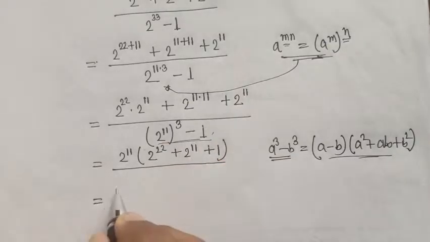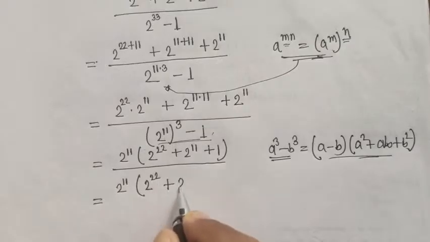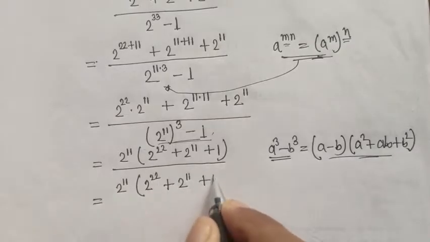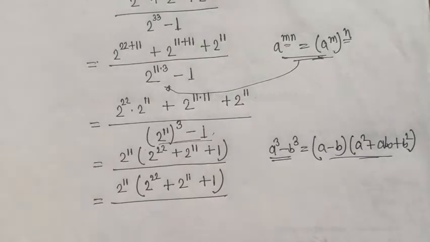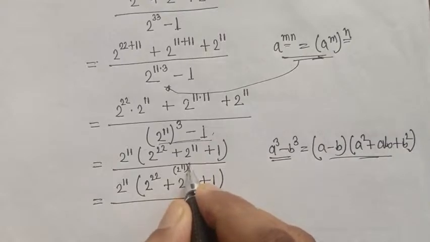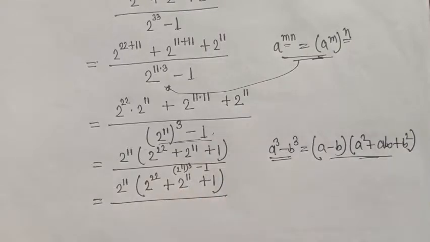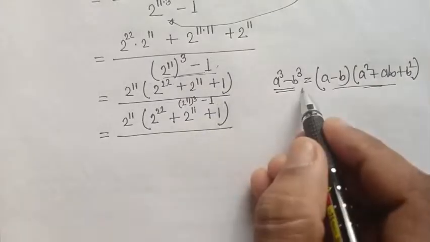So if we apply this we get 2 to the power 11, 2 to the power 6 plus 2 to the power 11 plus 1 by, sorry, let's write that 2 to the power 11 to the power 6. Okay, so now we are applying this formula here.